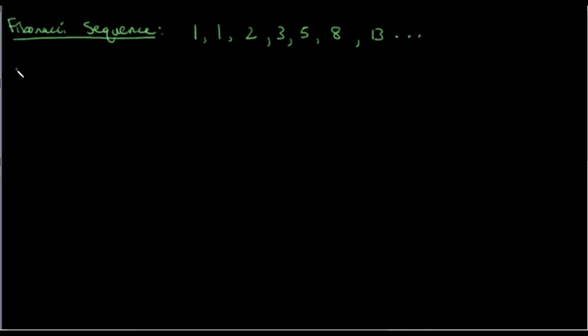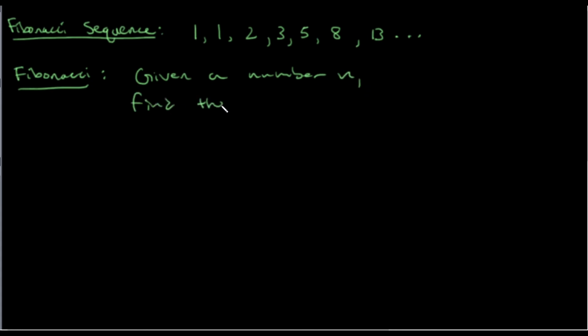So we are going to define the Fibonacci problem as this. Given a number n, find the nth number in the Fibonacci sequence.